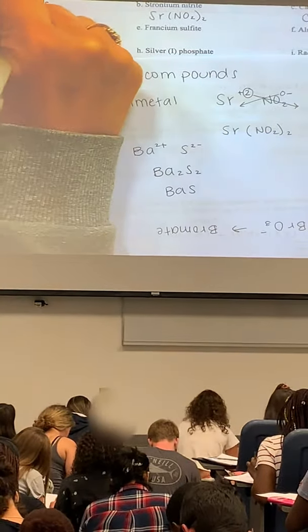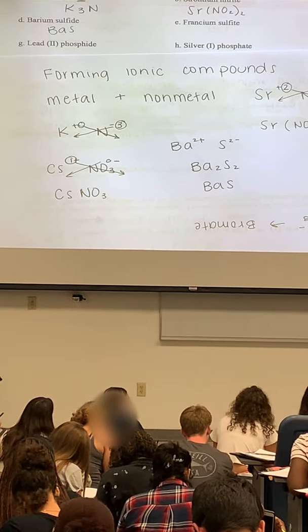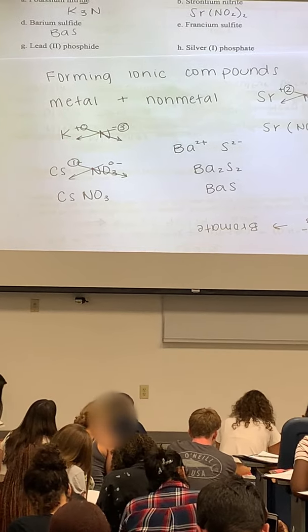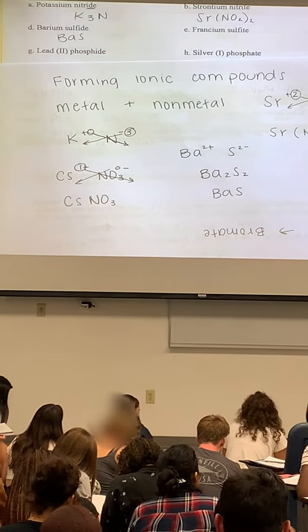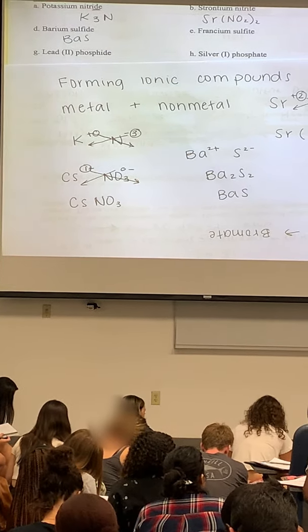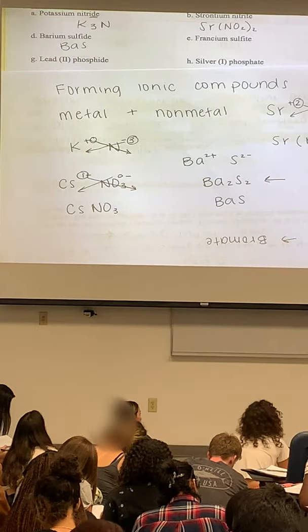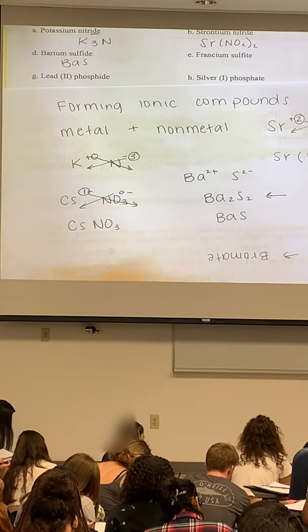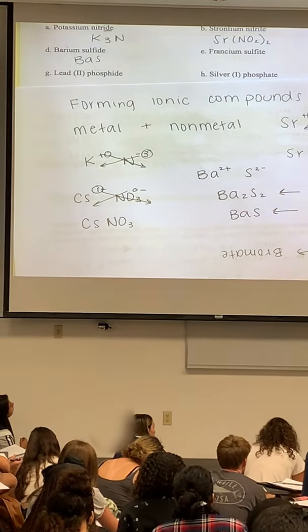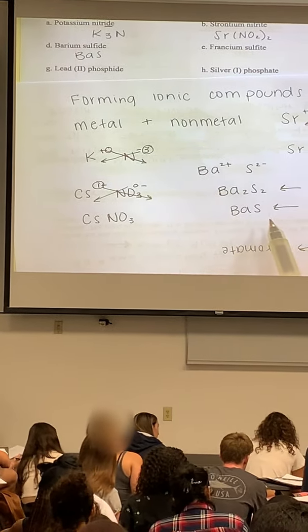The reason we do that is because we just want to write down how many of each one we need to get to a neutral compound overall. The whole point of swapping these charges is so that the charges cancel out perfectly and we get a neutral compound. So instead of saying we need 2 bariums and 2 sulfurs to get a neutral charge, we can accomplish the same thing with just 1 barium and 1 sulfur, because it's a +2 charge from here and a -2 charge from here.